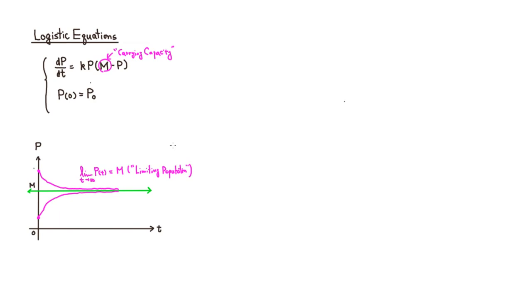All right, so next, let's see if we can solve this differential equation using the techniques we already have. Let's start with this differential equation: dP over dt is equal to k times P times M minus P, where k is a constant, P is the population, and M is the carrying capacity.